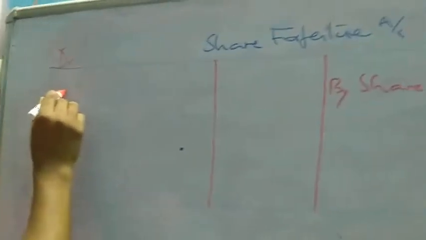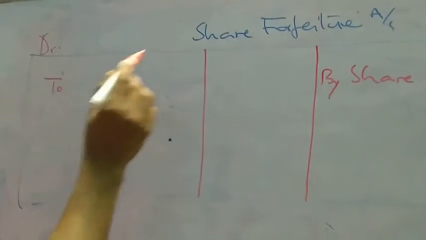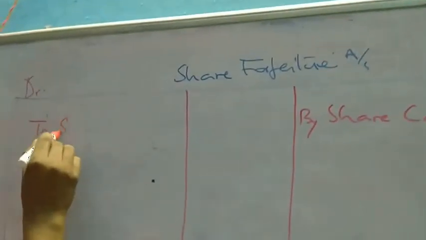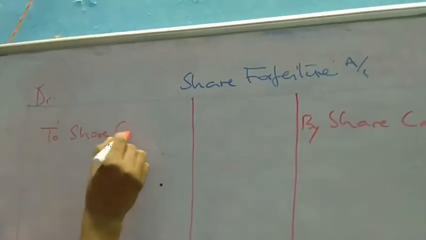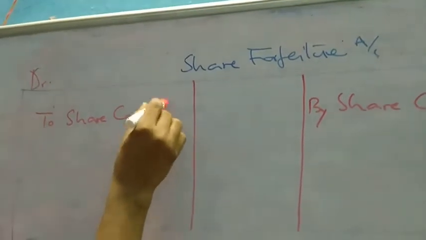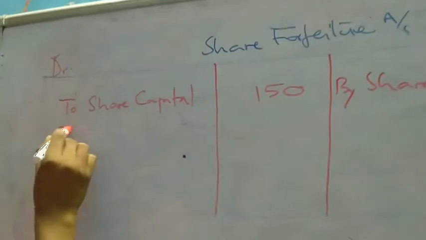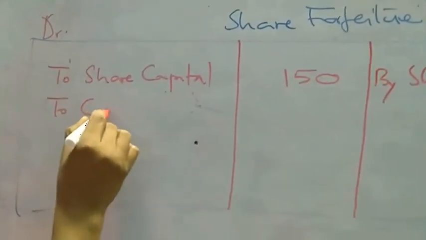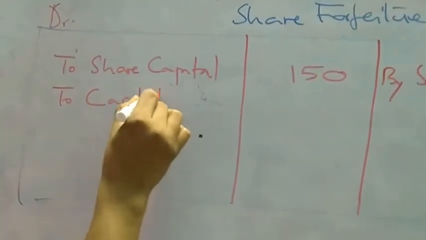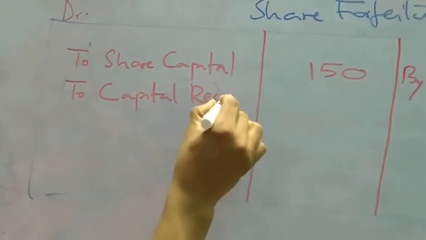Out of that we have given the discount. That is share forfeiture account debit to share capital account, discount is 150 rupees. Then you transfer the profit on reissue, that is to capital reserve. It is 250 rupees.